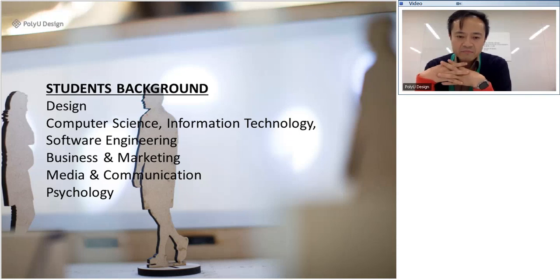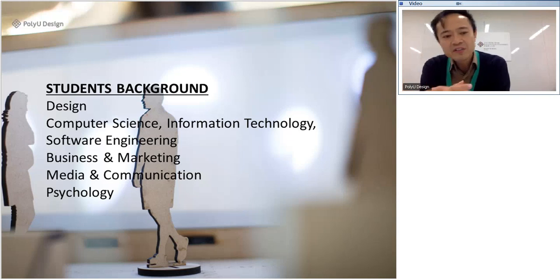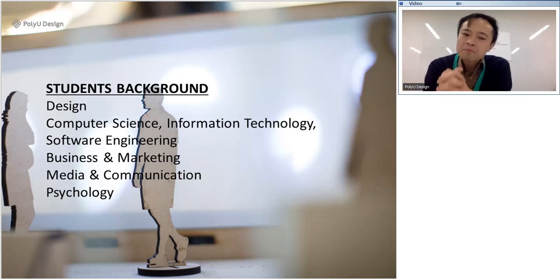Our students actually come from many different backgrounds. Some of them, of course, have a design background, whether product design, communication design, information design, media, or multimedia design. That is just part of them.